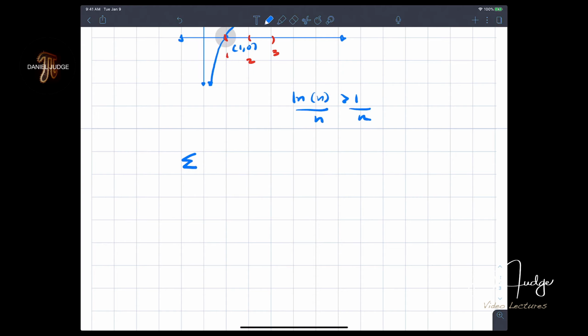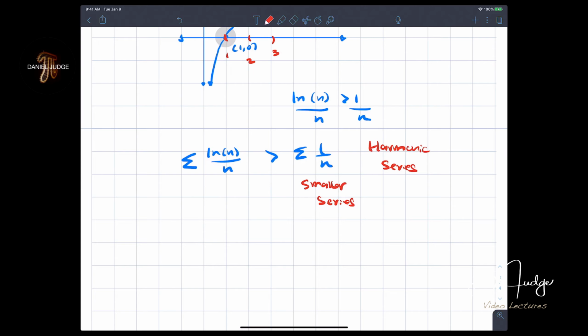So what we know here is that the sum of natural log n over n is going to be bigger than the sum of 1 over n. As you guys can see here, the smaller series is the very famous divergent harmonic series.